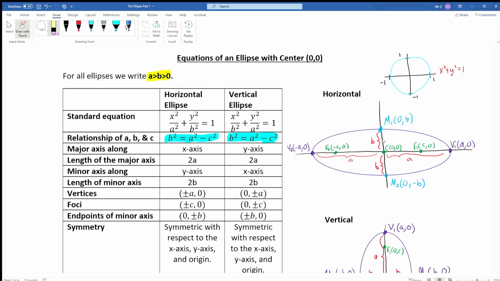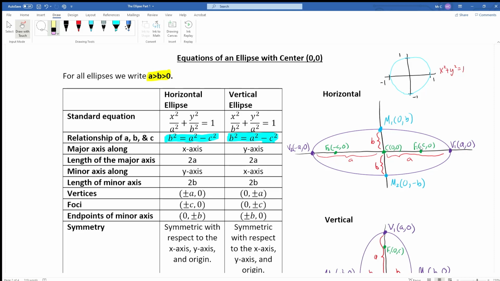For our minor endpoints, we're going a distance of b, and that distance of b corresponds to the minor endpoint (0, b) now because we've gone up by b. And the second minor endpoint goes down by b, so that's going to be (0, negative b). Our foci always land on the major axis with the vertices.